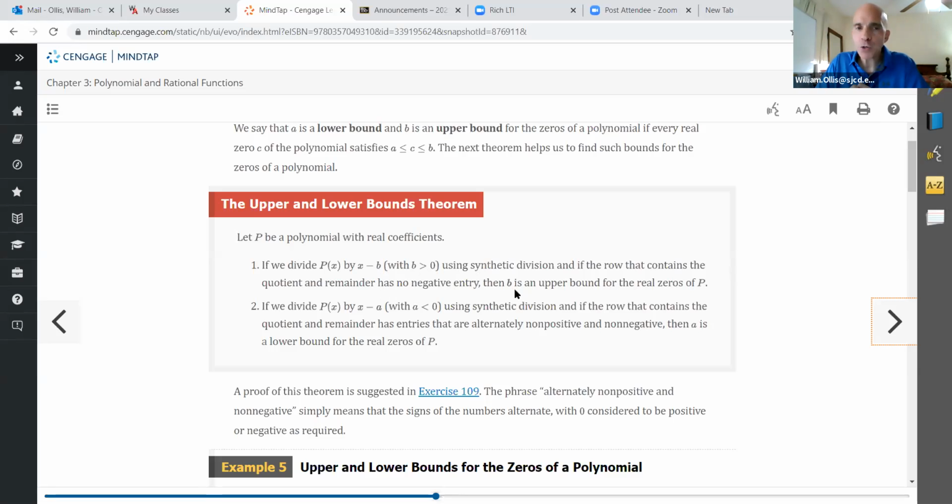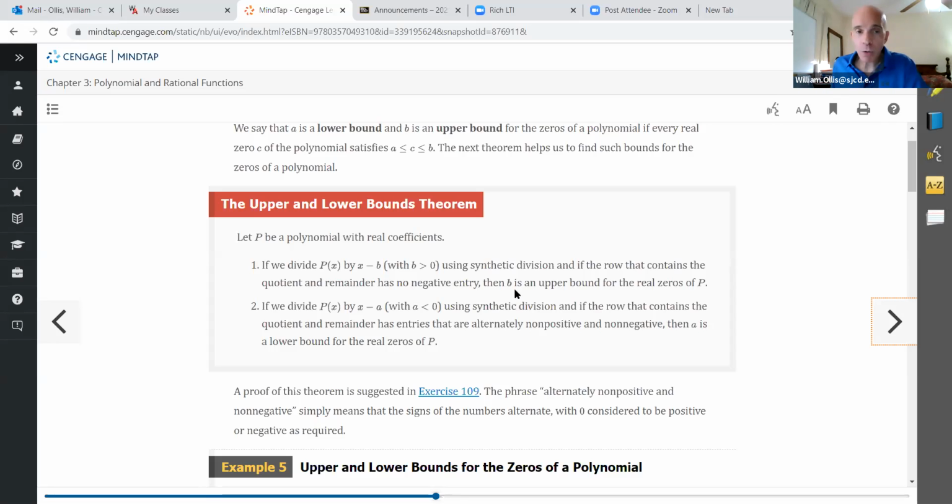Basically, if you try numbers larger than b, you're wasting your time, because you're going to add a list of numbers that are either 0 or positive and hope to get 0. That will never happen. So the first part is very intuitive and appeals to what we think about when we try to get zeros. You can't add a bunch of non-negative numbers and get 0 unless they're all 0. And that's not going to happen in what we're doing.